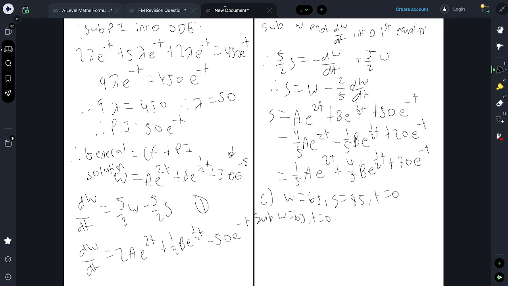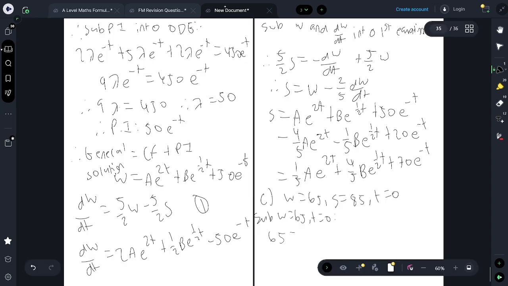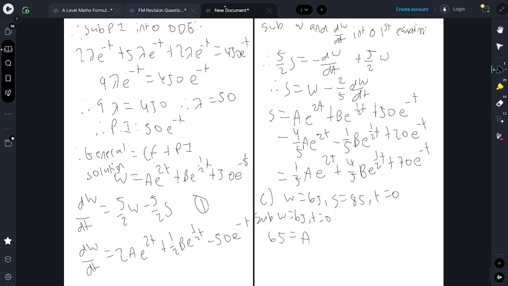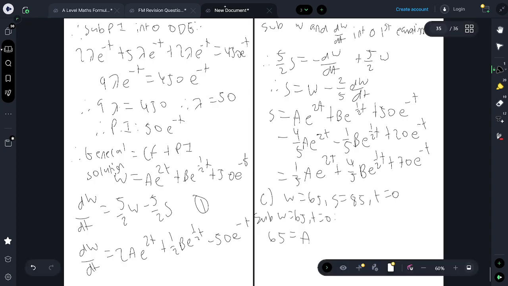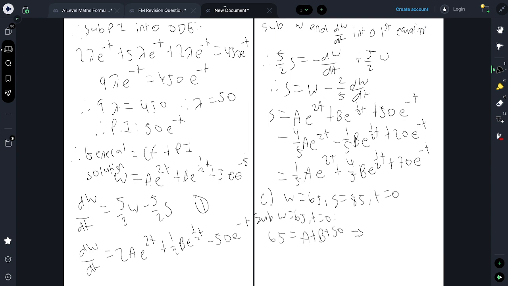So that means 65 has to be A e to the 0, so that's going to be A, plus B e to the 0, that'd be B, plus 50 e to the 0, that'd be plus 50. And that means A plus B has to be 15, right?